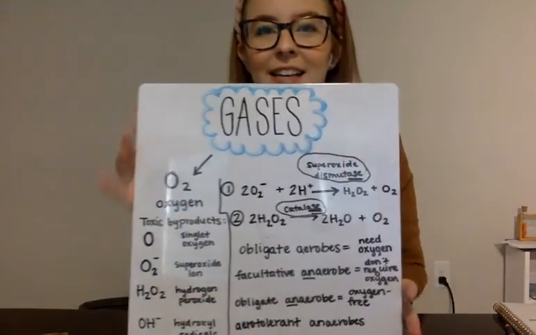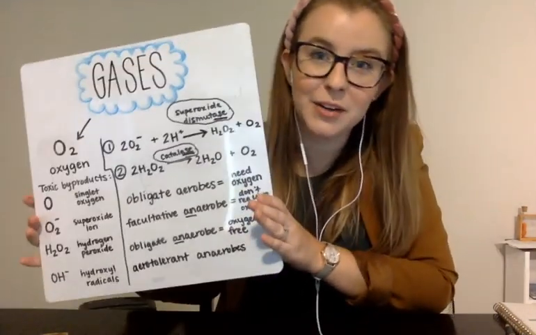So that means we could definitely use hydrogen peroxide to kill off microbes that are anaerobes. Because anaerobes, the obligate anaerobes, aren't going to be able to defend themselves from this hydrogen peroxide. All right, so hopefully that clears everything up with the different ways that gases can influence our microbial growth.